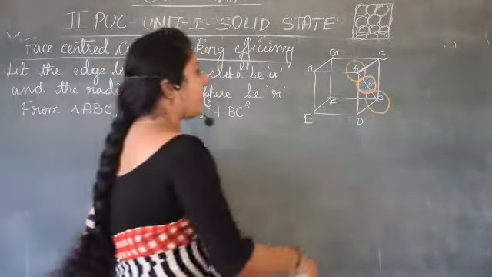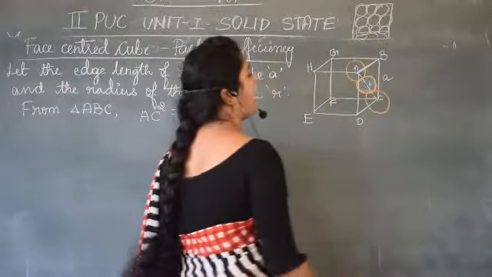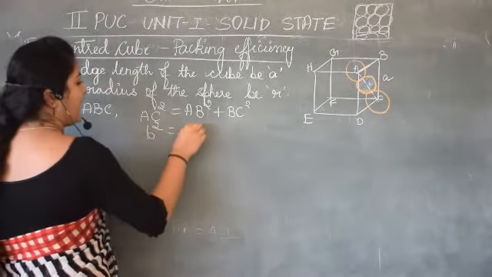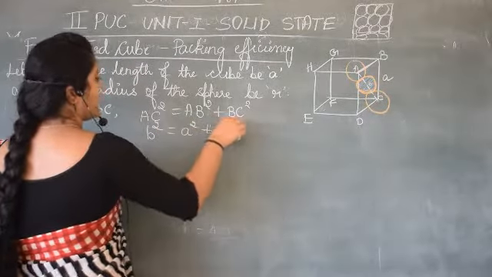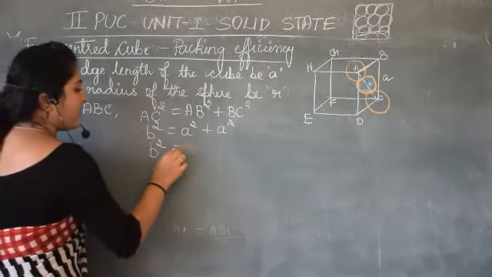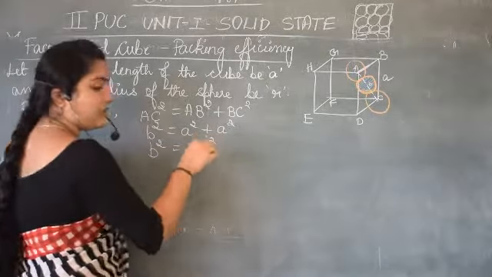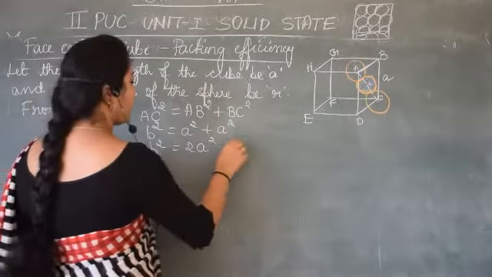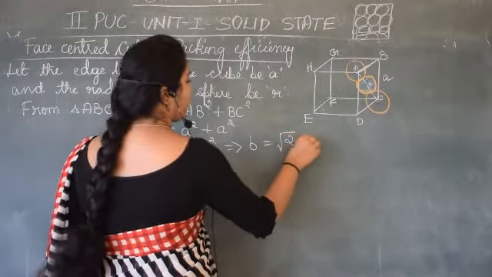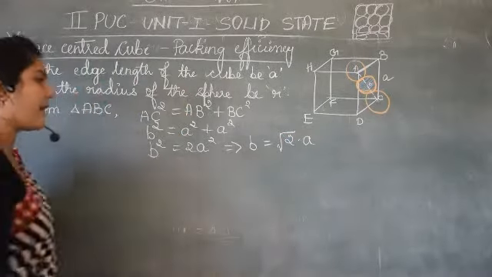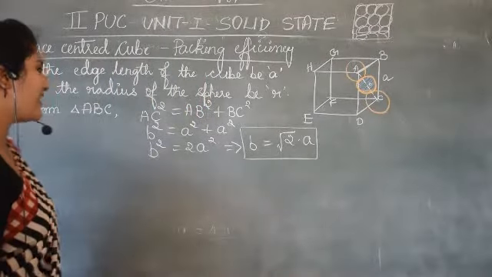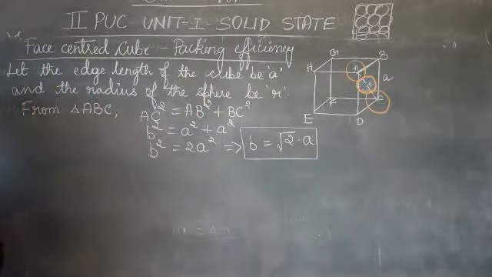So you know that these edges are taken as A, edge lengths. B square is equal to A square plus A square. Again, B square is equal to 2A square, or that implies B is equal to square root of 2 into A. Hope you know how to take the square root, isn't it?